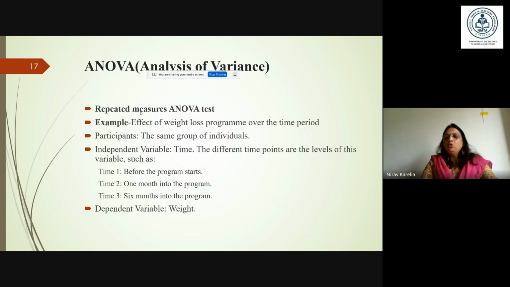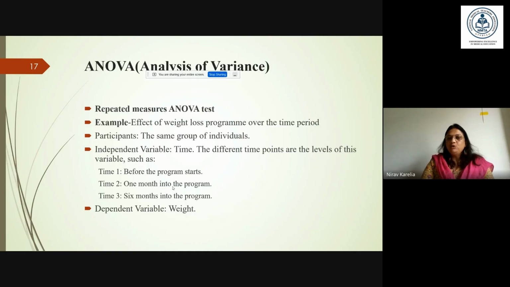If suppose I want to analyze the data only at baseline or only at 1 month, at one period of time, then you can go for one-way ANOVA. But here you have to include time, because the time period is very important.